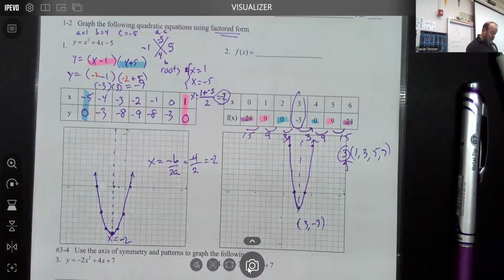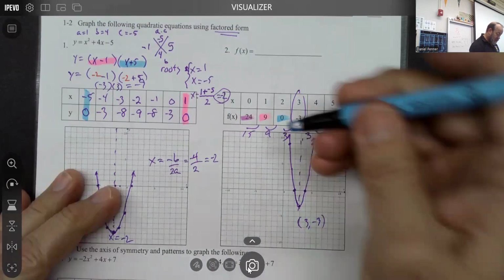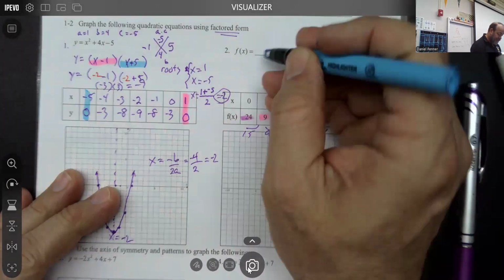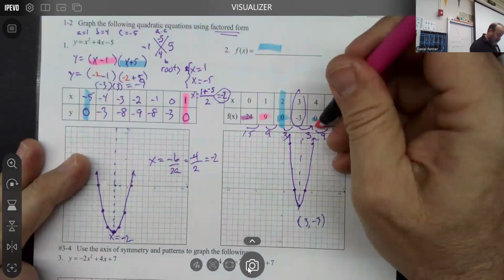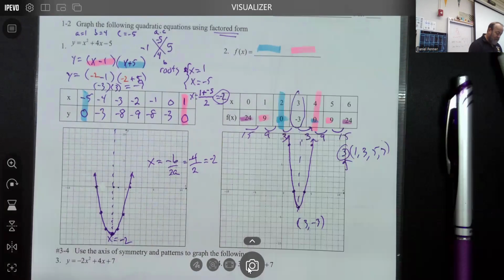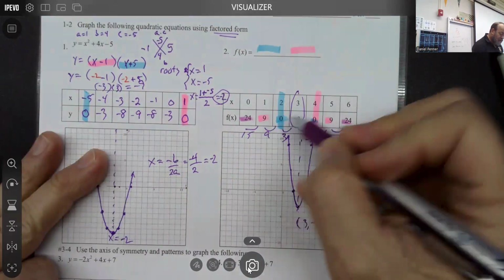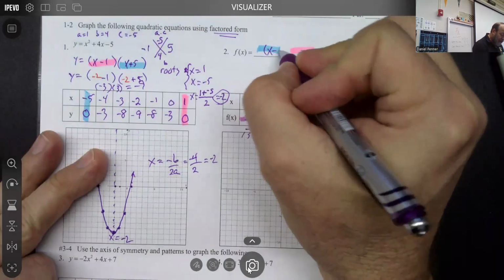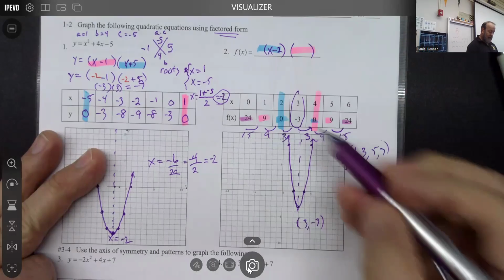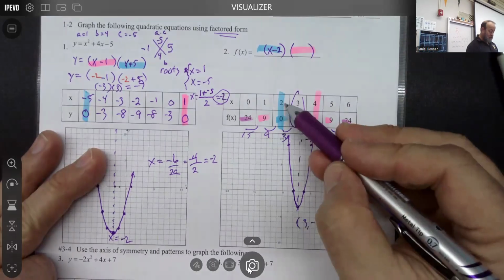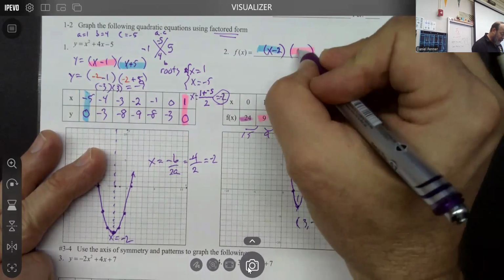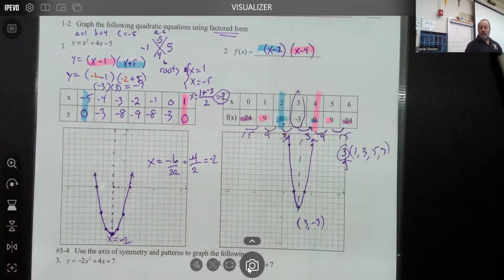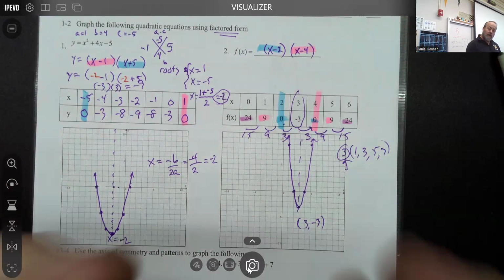Well, what that's going to give me is, if I watch that same set of logic, I see a root right here, and I also see a root right here. And so if 2 gives me the number 0, then I know that x minus 2 had to have been the factor that created that 0. And if 4 gives me 0, then x minus 4 would similarly give me that other 0.